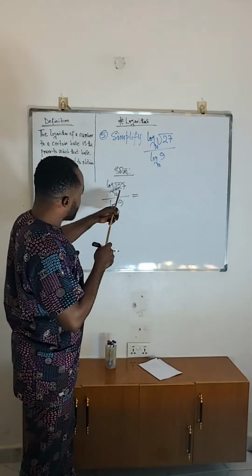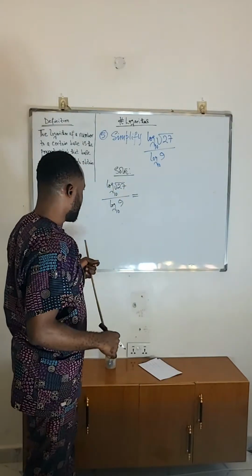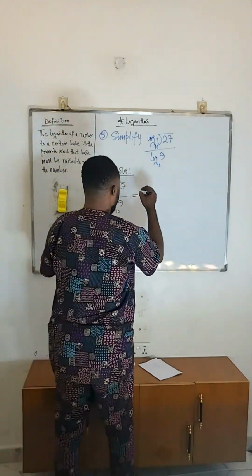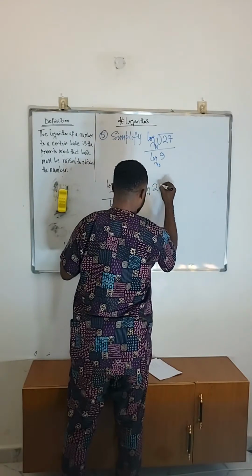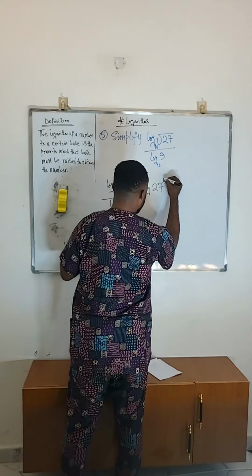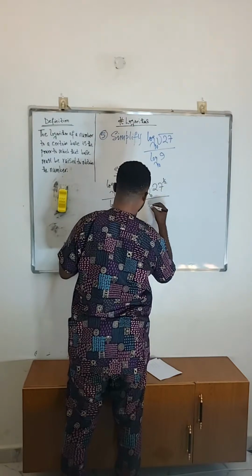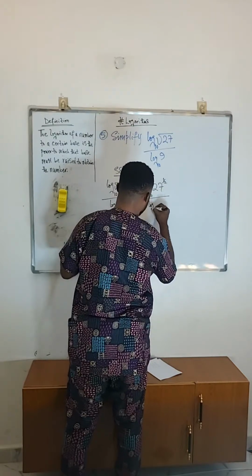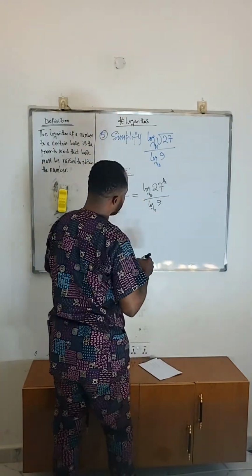Let's change log root 27 first. We are going to change it to log 27 raised to the power of 1 over 2 in base 10, all over log 9 in base 10.